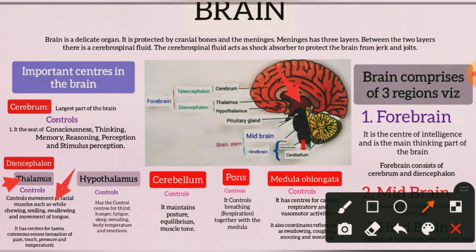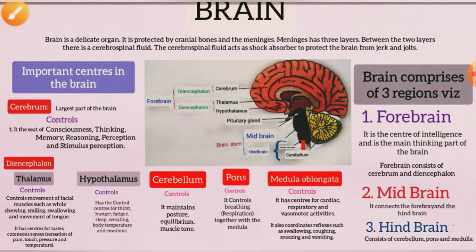The thalamus also has the center for taste and for cutaneous senses. Cutaneous senses mean the feelings present in the skin, like touch, pain, and pressure.